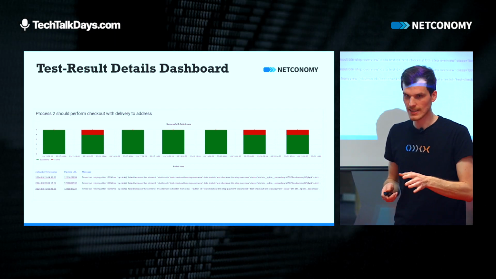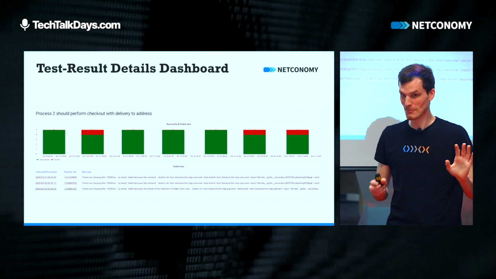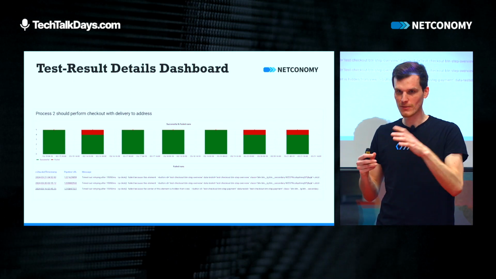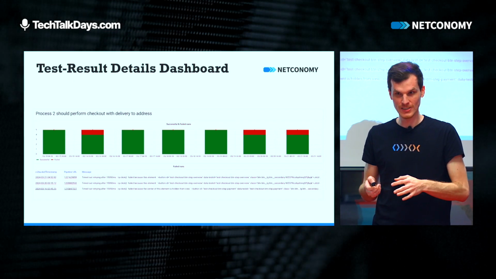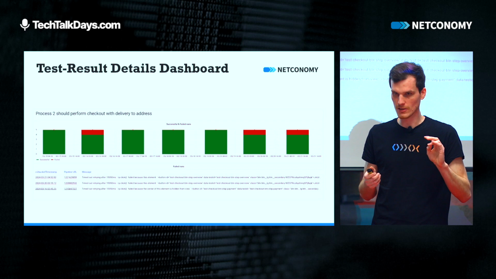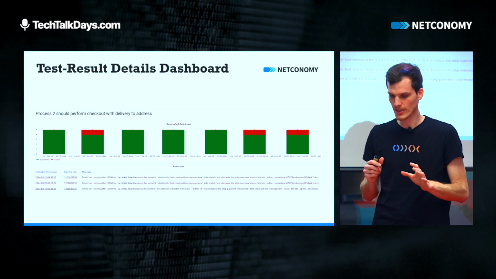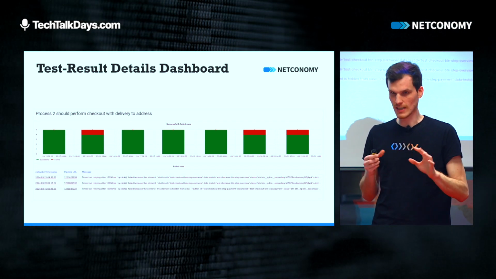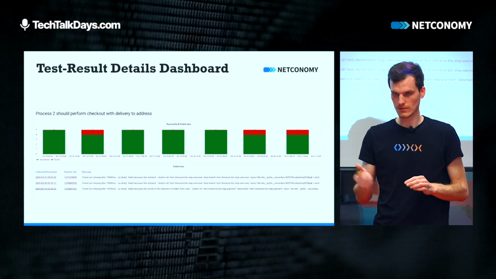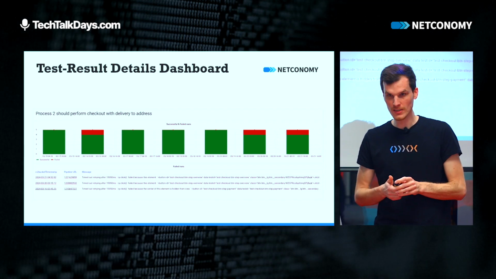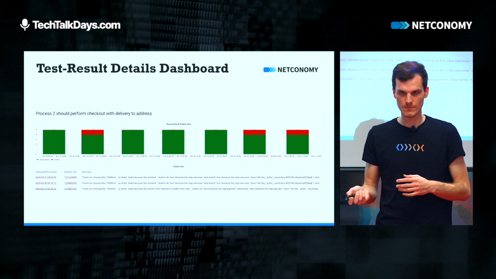Here we can see this test, it mostly succeeds, but sometimes failed. So that's the definition of flaky that I mentioned earlier. So you can see this test, I should have a look, something's wrong there. And to debug that further, you can have a look at the table at the bottom to see the reason for the failure.